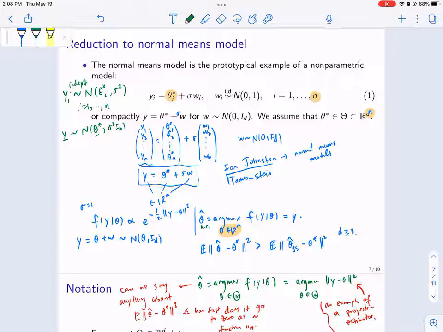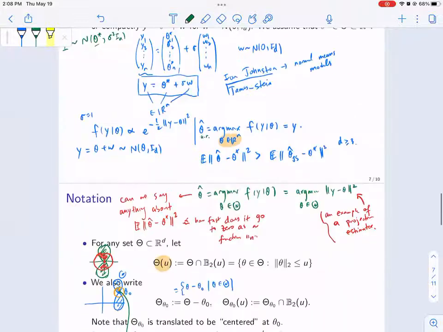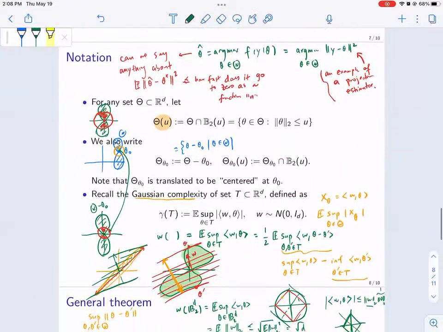So the advantage of this model is that the complexity of the problem is incorporated into the structure of theta star. So we assume that theta star is in some set, capital Theta, and the whole point is to try to relate the geometry of that set Theta to the performance of estimators.